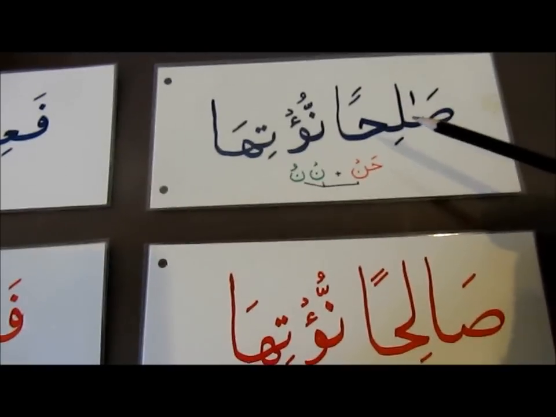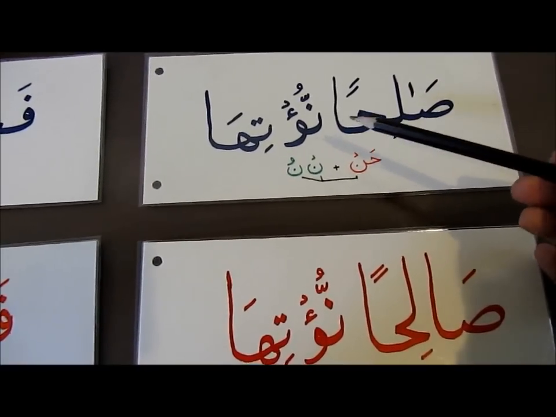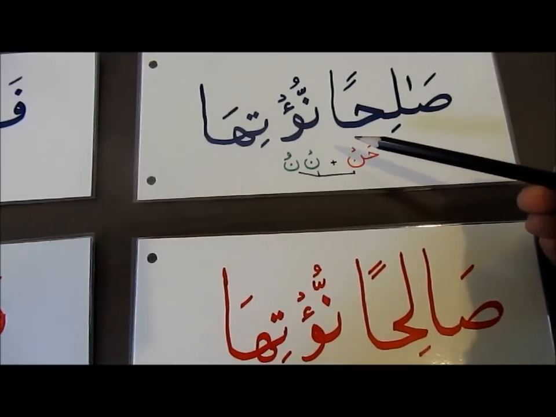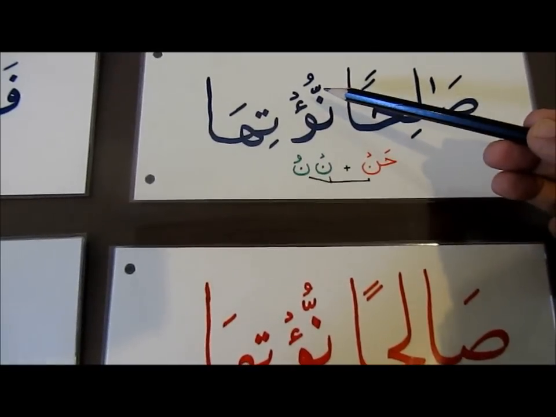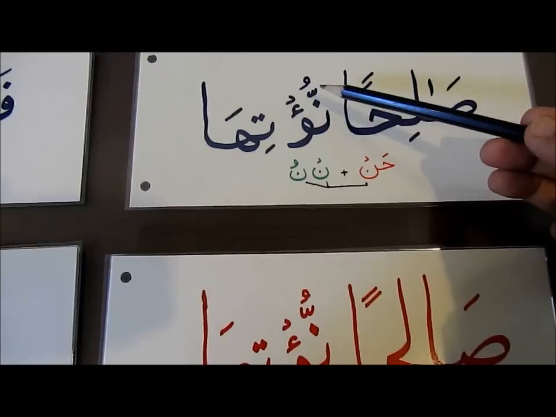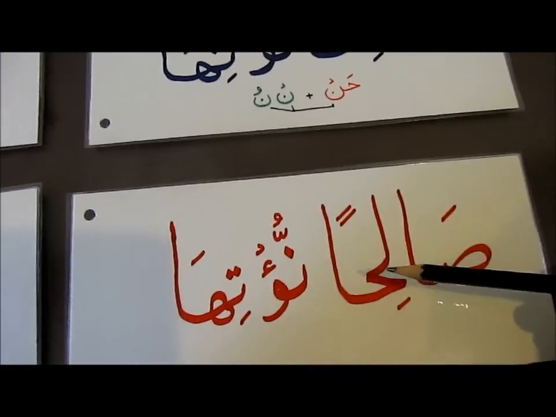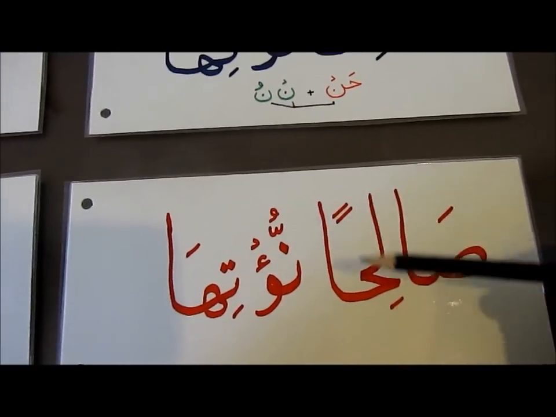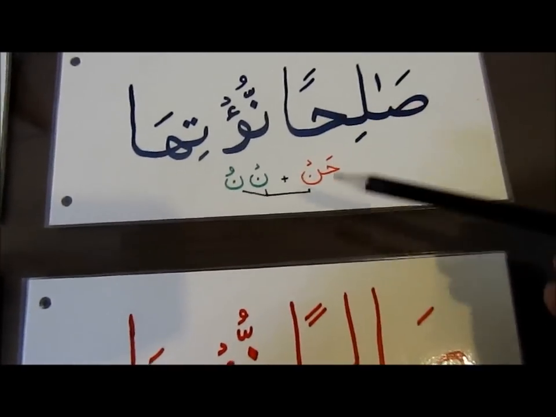Here's your tanween. Right after the tanween, you have the noon sakin, and because it's salihan nu'tiha, there's a complete merging. This represents the complete merging here, the shadda. Here also is similar, as you can see, salihan nu'tiha. What do you see the difference between the two?